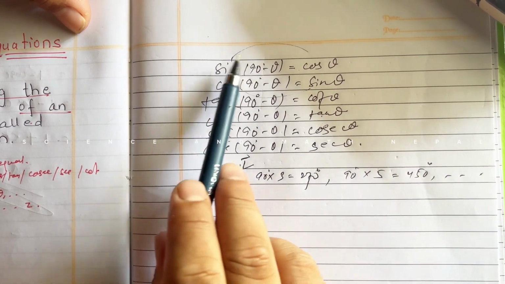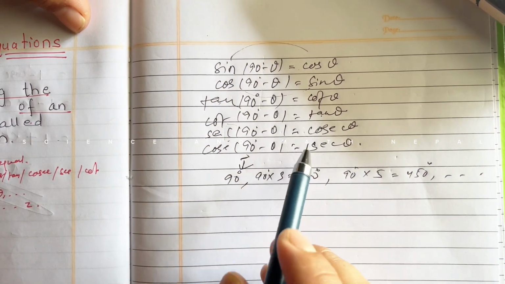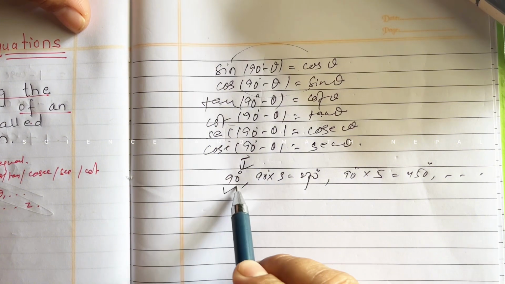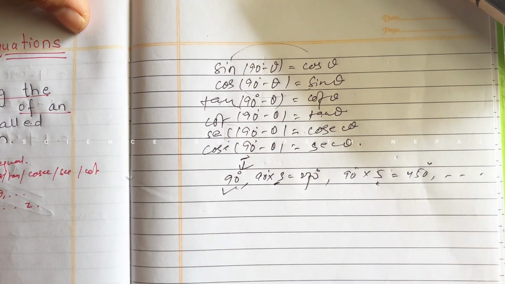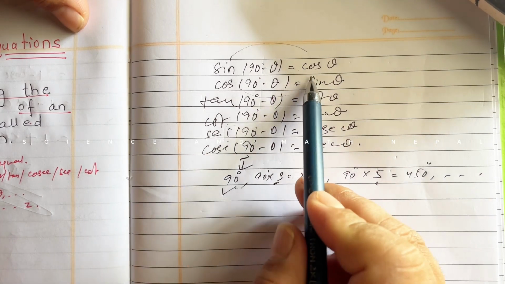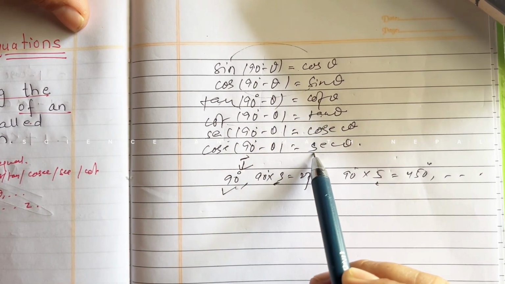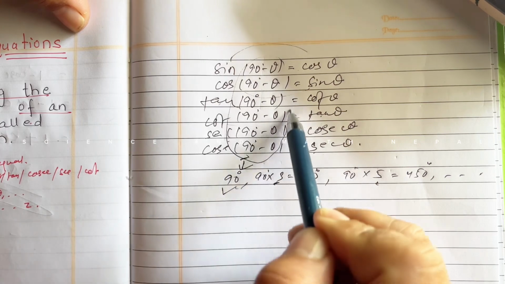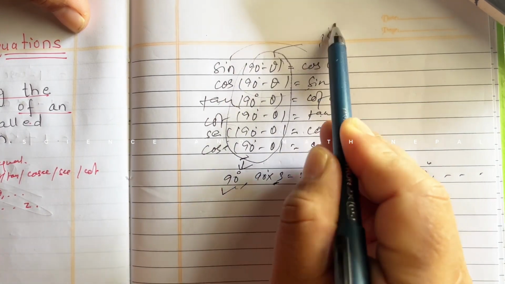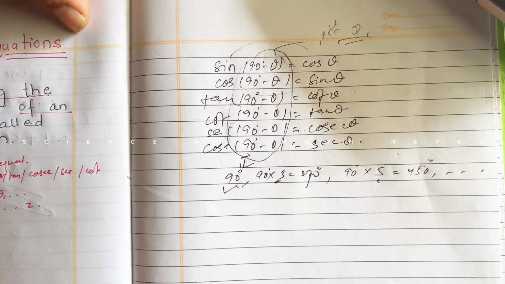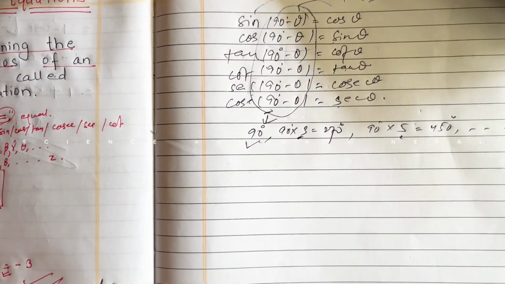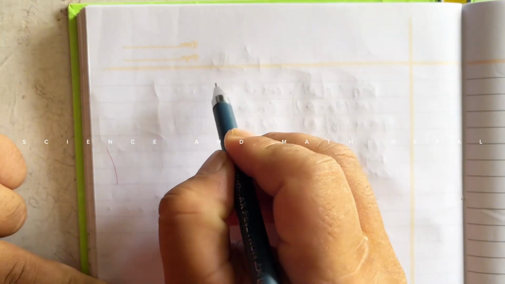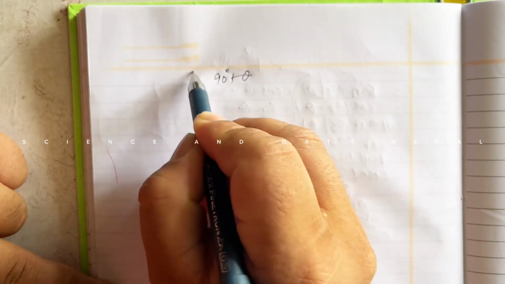All these changes in trigonometric ratios occur when there is 90 degree or odd multiples of 90 degree. And see, all the values of trigonometric ratios are positive because 90 degree minus theta falls in the first quadrant.